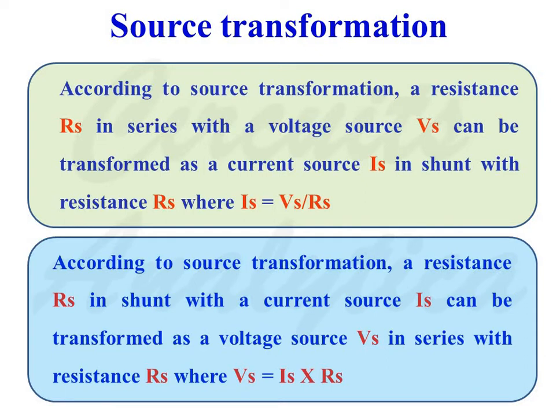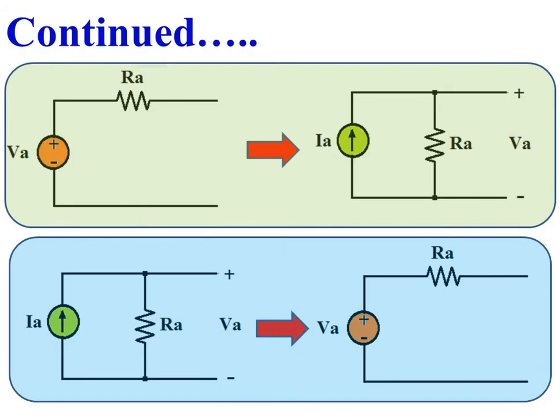A resistance Rs in shunt with a current source Is can be transformed as a voltage source Vs in series with resistance Rs, where Vs is equal to Is into Rs. So this is the pictorial representation of source transformation technique.